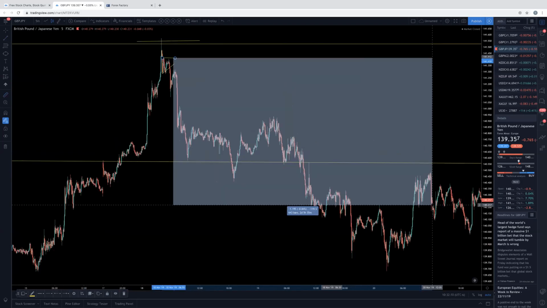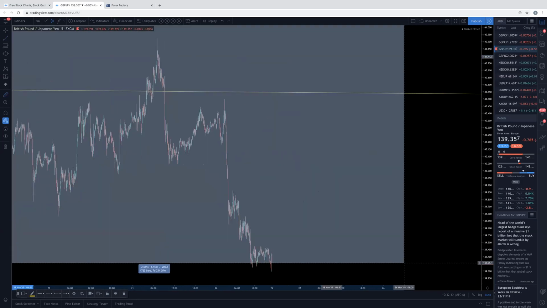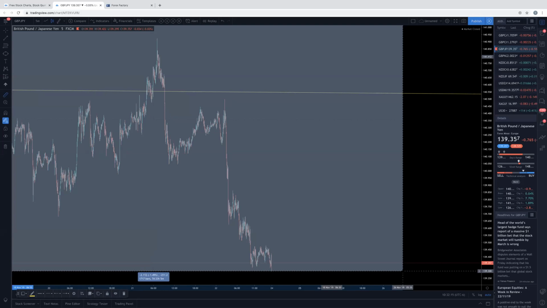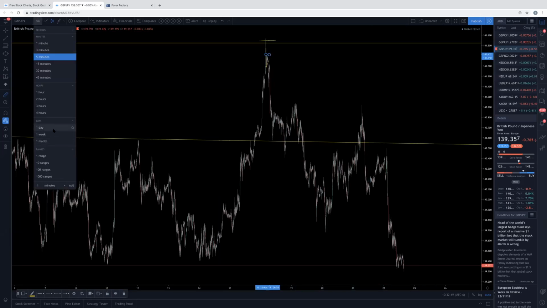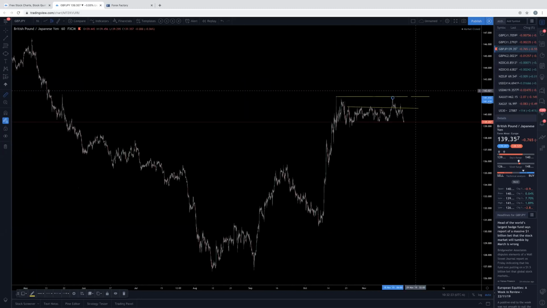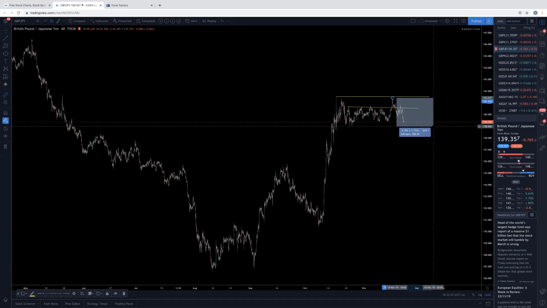Now, we're still in this overall channel. 210 pips right now. We're not even at the bottom of that channel yet. It's all about knowing where you are in the market. This is the bottom of the channel. From here to the bottom of the channel, 245 pips. And remember, what am I looking for overall?